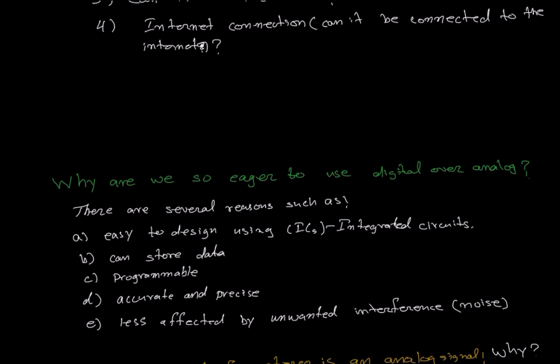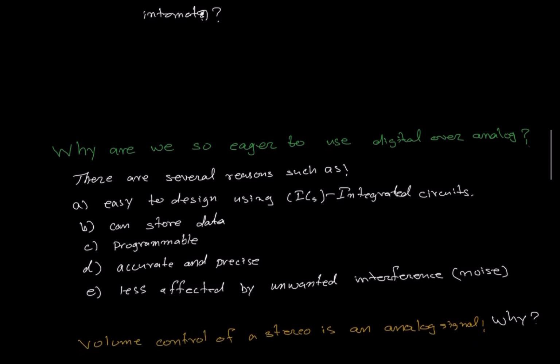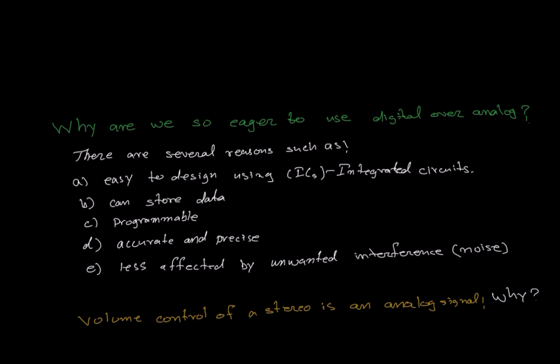We will talk about them later in this course. Right now, they are those chips that we put on the modern-day technology circuit board. So it's easy to design using ICs. ICs mean integrated circuits.